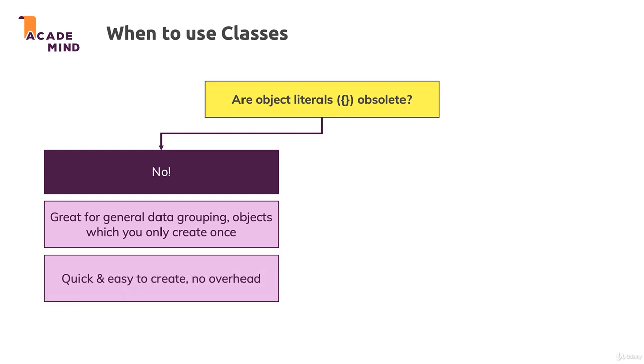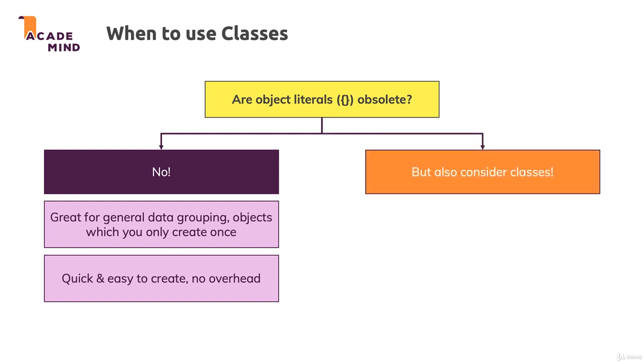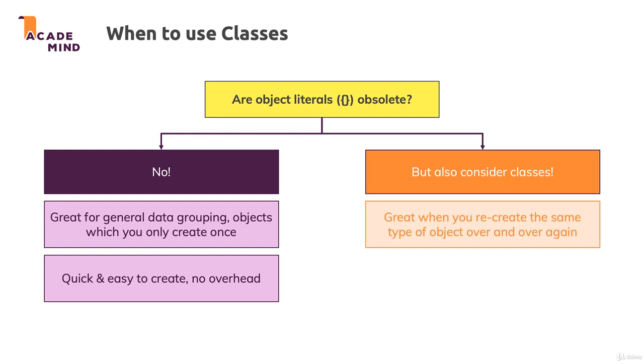They're quick and easy to use, you have no extra overhead, and you also have a small performance benefit versus this class-based instantiation, which is quickly made up for though if you would unnecessarily create multiple objects with object literals instead of using classes and therefore sharing code, just to also say that. So classes in general are a good idea if you have some logic which you want to reuse.